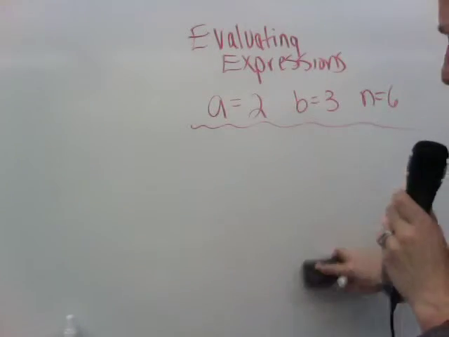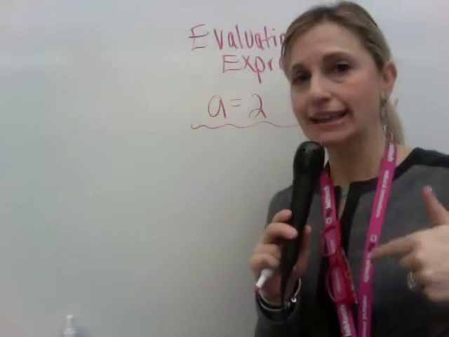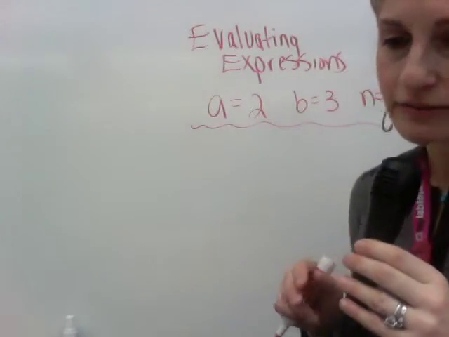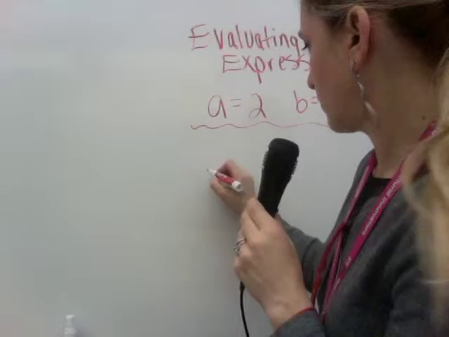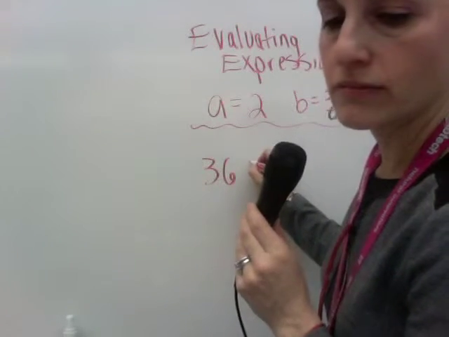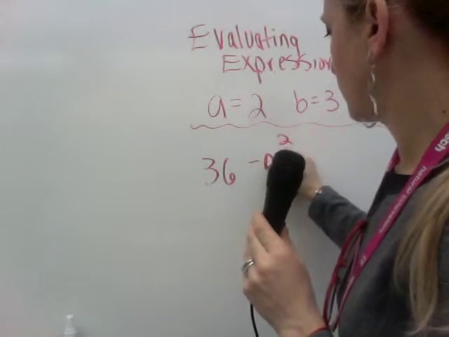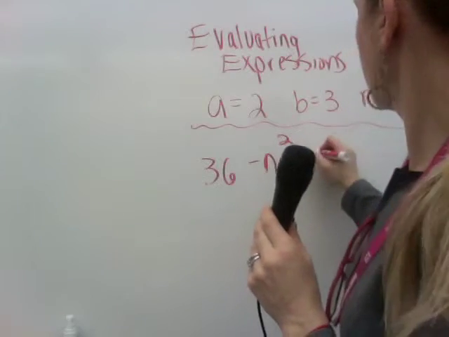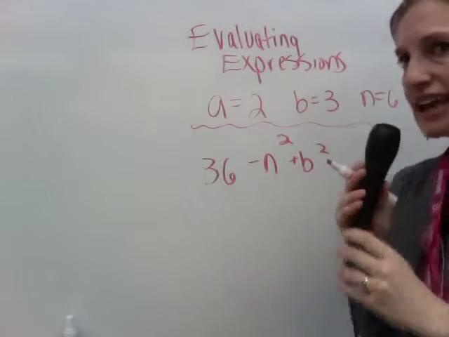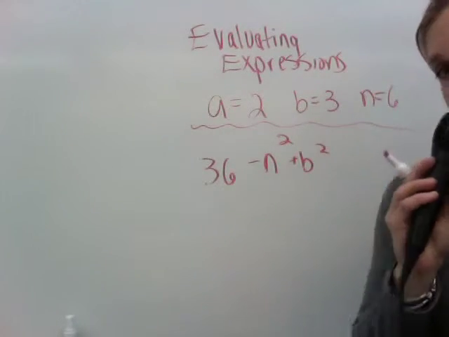I'm going to do one on the board, and I'll solve it silently. I'd like you to try it with your paper and pencil. 36 minus n to the second power plus b to the second power.